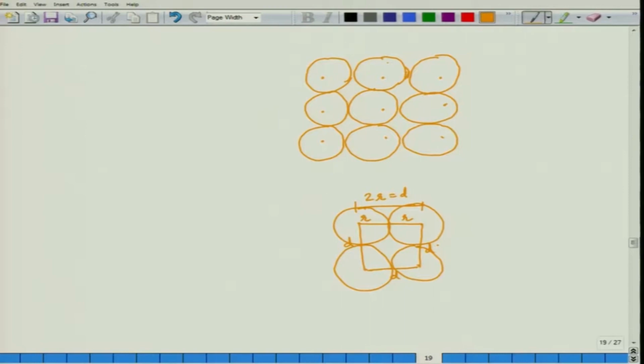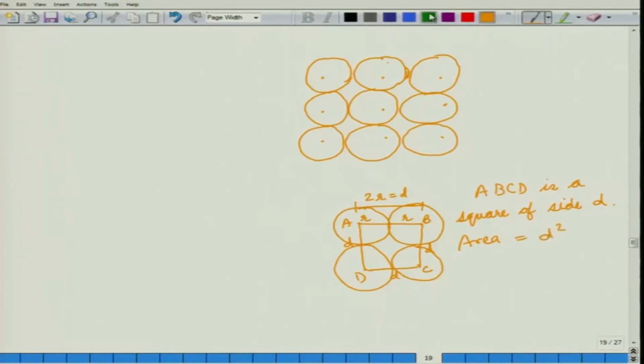So, in this case, if we consider this square, that is a b c d, a b c d is a square of side d. So, what is the area of ABCD? It will be given by d square.